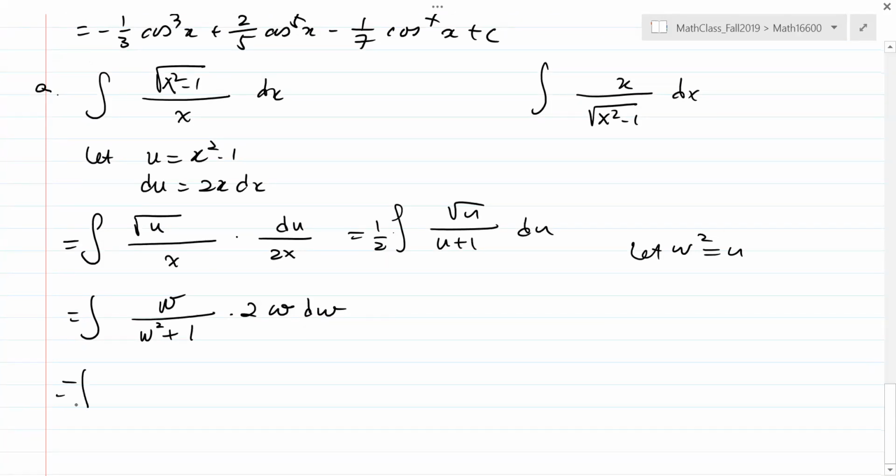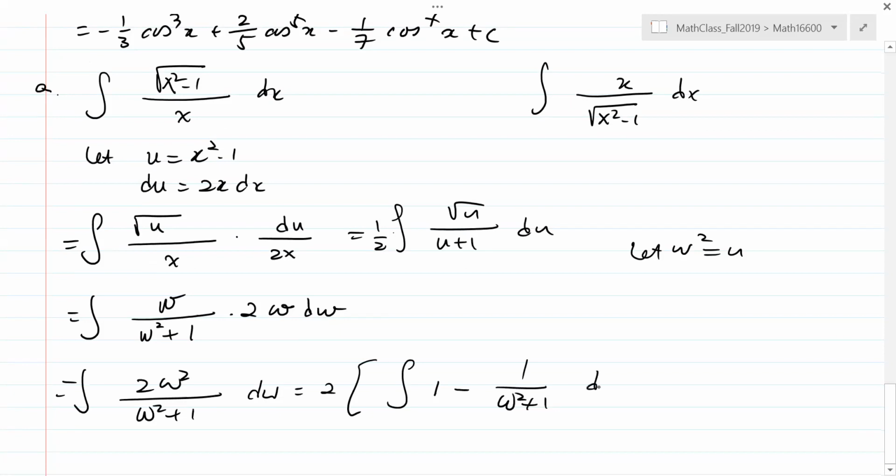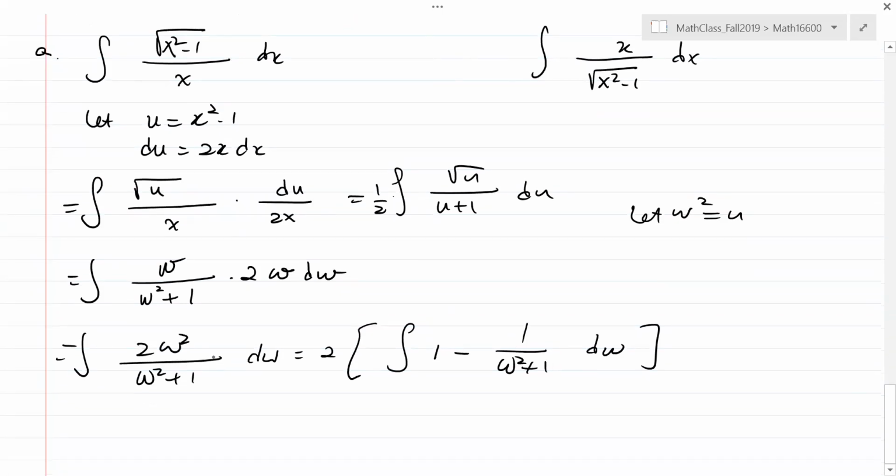So you get 2w squared over w squared plus 1. And remember, we can separate, it's going to be 1 minus, right? And that's what we did before.